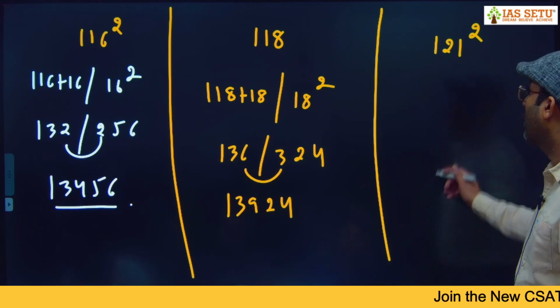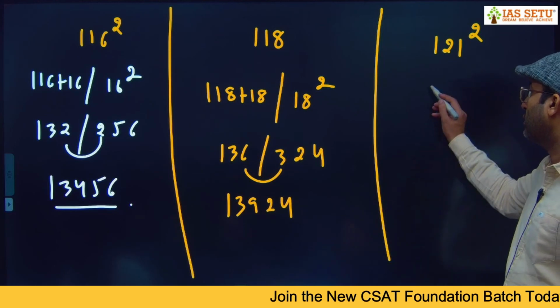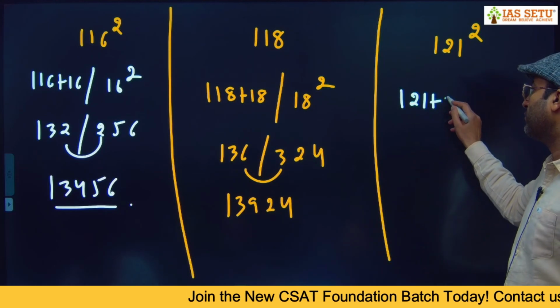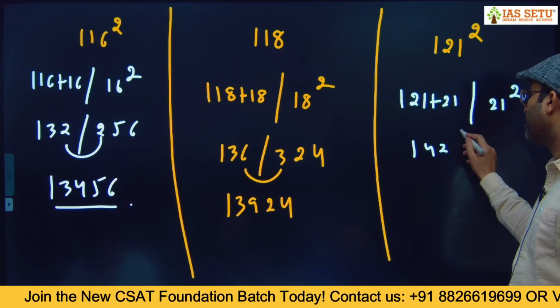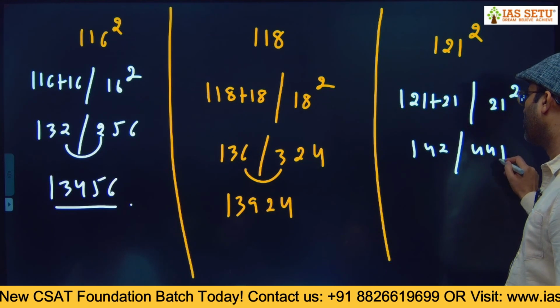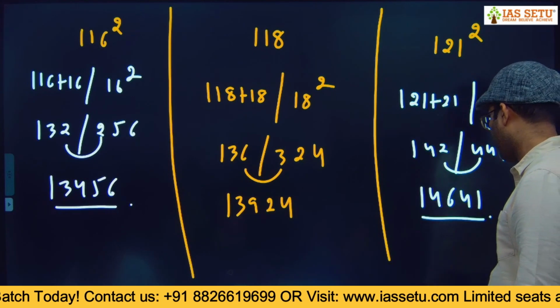Okay. What is your answer? 14641. Left side value is 121 plus 21. Right side is 21 square. It is 142. What is 21 square? 441. 4 carry forward. 14641.